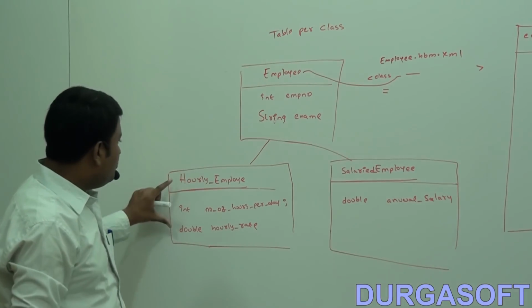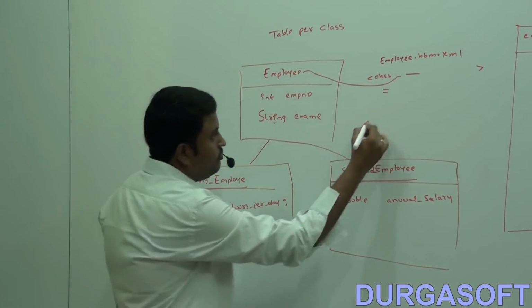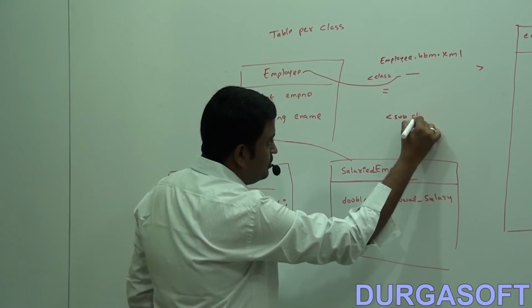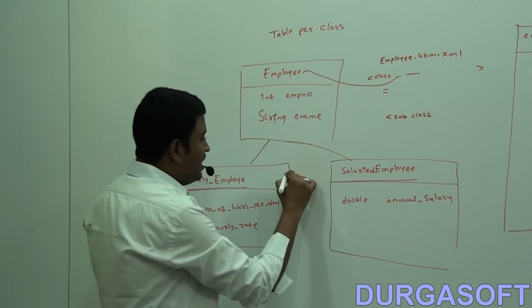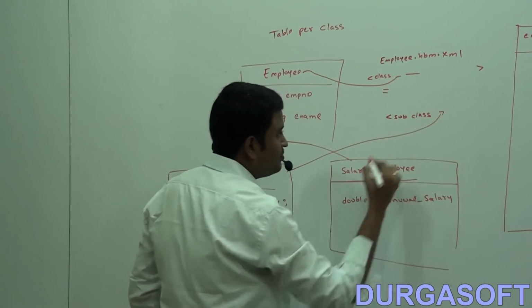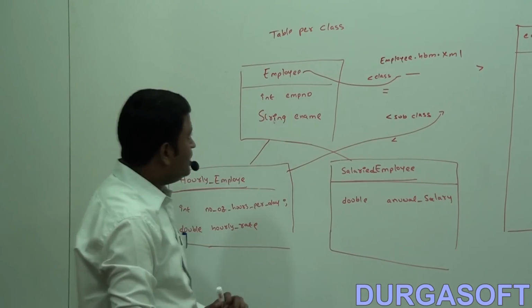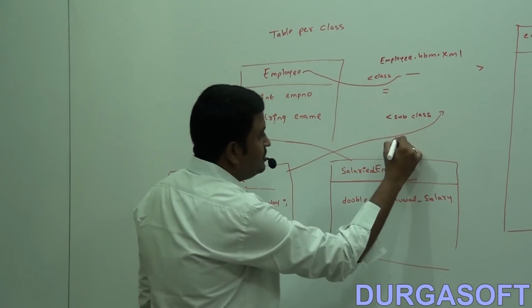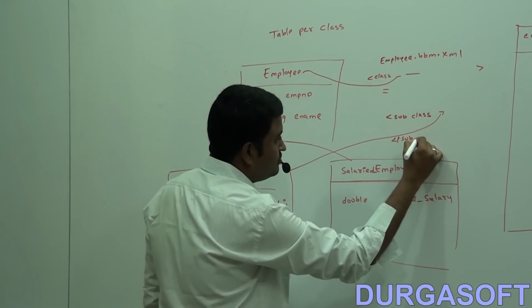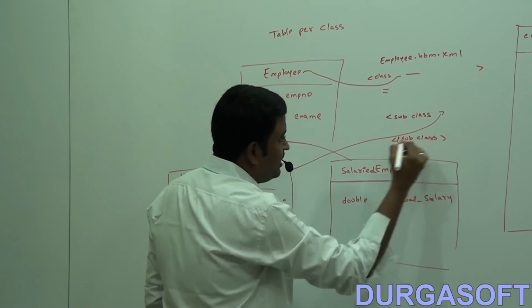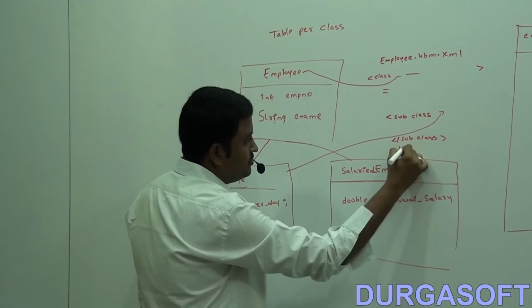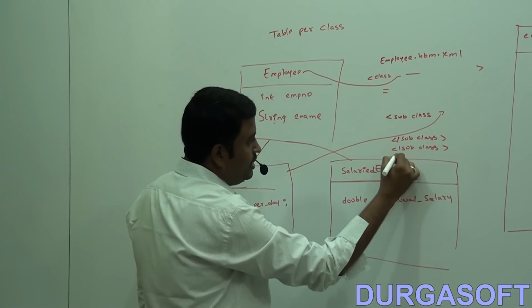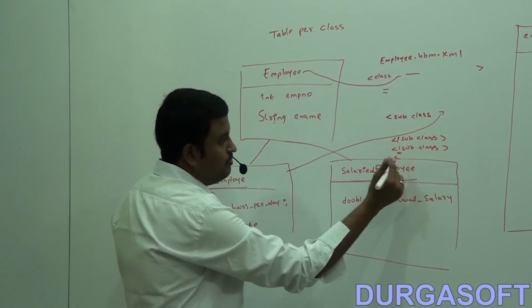Next, to map child classes we use a subtag of the class tag, that is subclass. Through the subclass tag we map child class information. If more than one child is available for one parent, for every child we write one separate subclass tag. If there are many children, we write that many subclass tags.